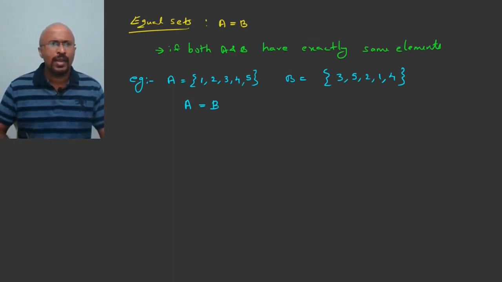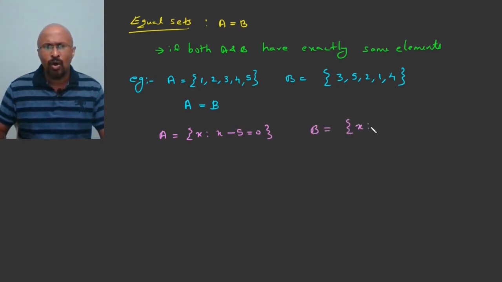Now I am going to write another example here, and you can say whether these two sets are equal or not. Set A is equal to the set of all x such that x minus 5 is equal to 0, and set B is equal to the set of all x such that x square is equal to 25.